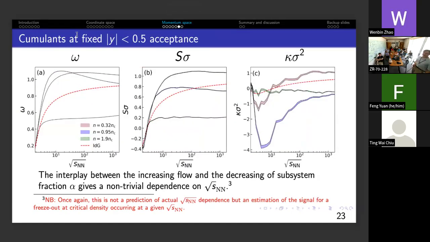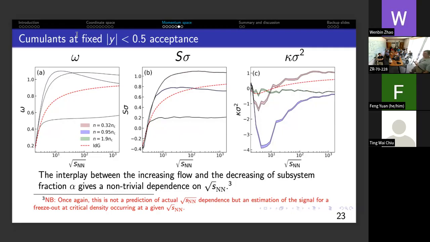Here you can see the standard cumulants, and here I build them for a given acceptance in momentum space, which is 0.5, and I just apply different boosts as a function of square root of s. You can see they deviate quite a lot from the red line.